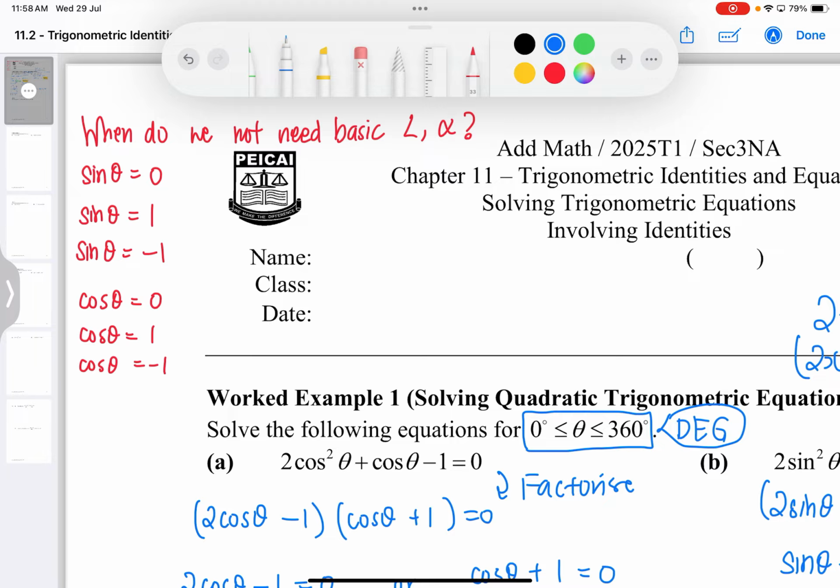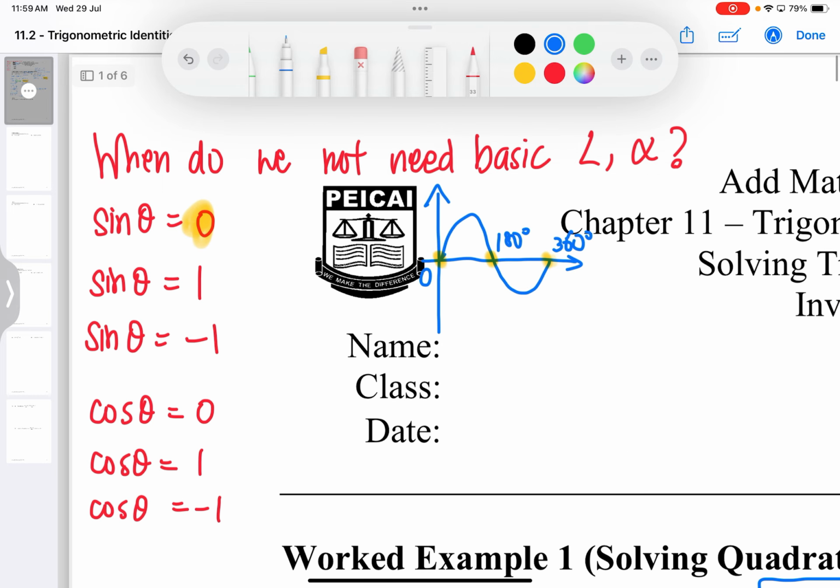So you draw the graph, and you can see it already. The sine function looks like that. When sine is 0, it is here and here: 0, 180 and 360. When it is 1, it is here, which is 90.